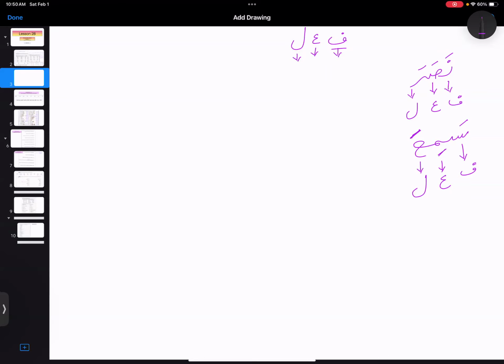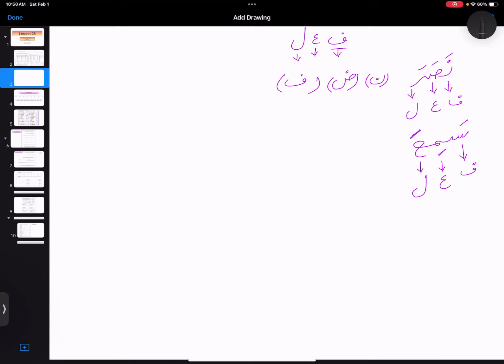the word belongs to. When you see all fathas, then it could be bab Nasara, or it could be bab Daraba, or it could be bab Fataha.